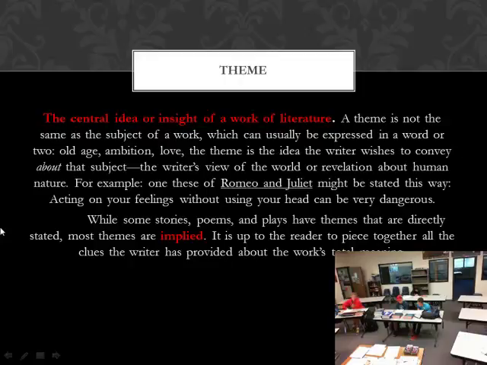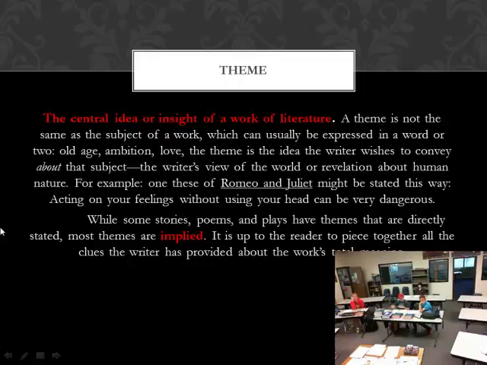The theme is the idea the writer wishes to convey about the subject, the writer's view of the world or revelation about human nature. Theme isn't one word. That's the tricky part. A lot of people just want to be like, oh, it's love or hate, conflict. The theme is conflict. You have to be able to put it in a sentence.